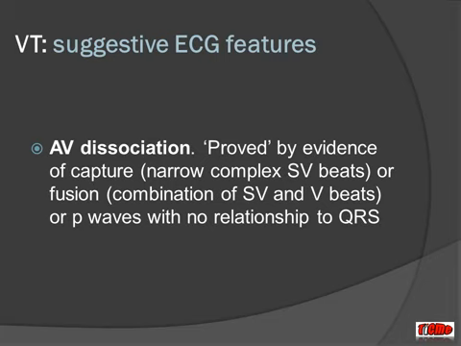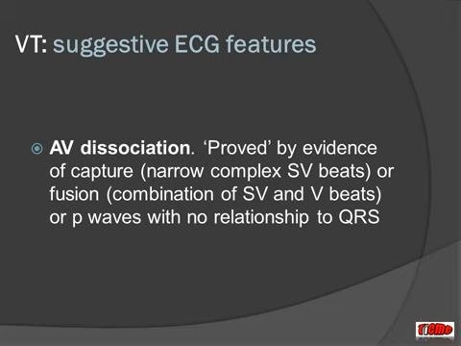So we look for evidence of capture beats. Capture beats are beats which have been transmitted the normal way from atria to ventricle via the AV node, so they will look like narrow, complex, almost normal beats.